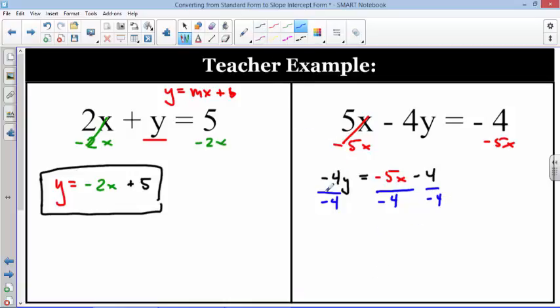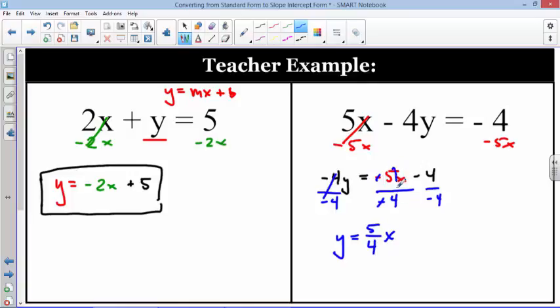So here my negative 4's cancel, my y comes down, my equal sign comes down. Here I have a negative 5 divided by a negative 4. A negative and a negative equals a positive. So I'm going to have 5/4, and then that's going to be multiplied by x. And I like to write it like this instead of having 5x in the top.